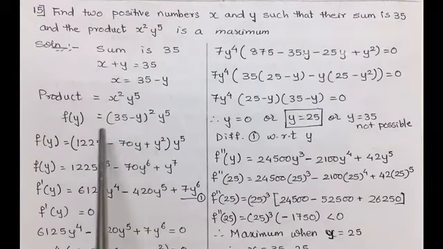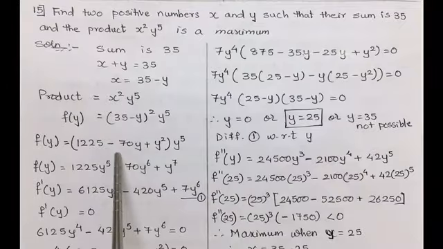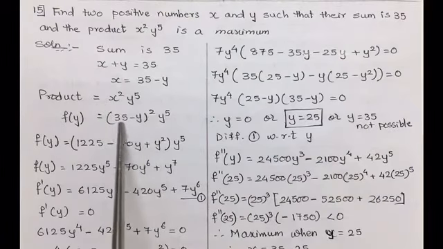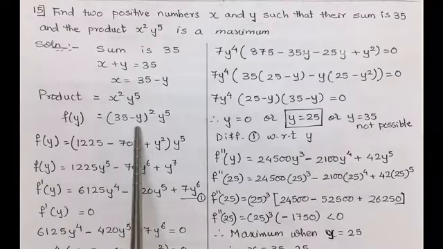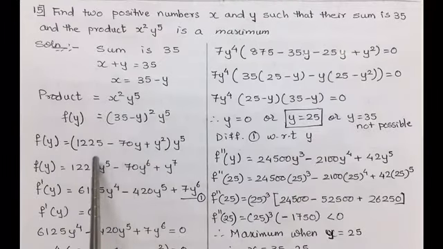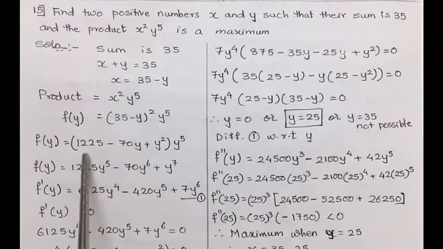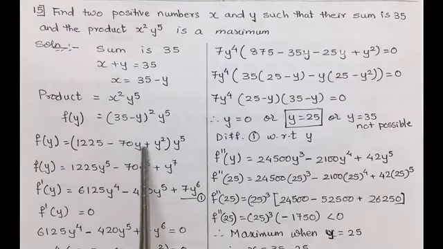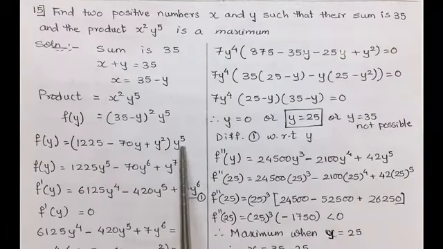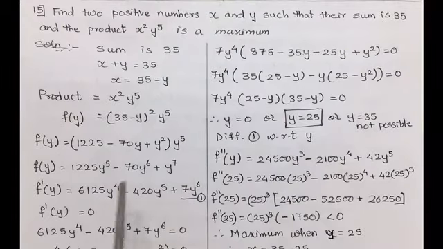Now to calculate the first derivative, we'll open this bracket using the a minus b whole square formula. We'll get 1225 minus 70y plus y square, into y raised to 5. Multiplying y raised to 5 with all the terms, we get f of y is equal to 1225 y raised to 5 minus 70 y raised to 6 plus y raised to 7.